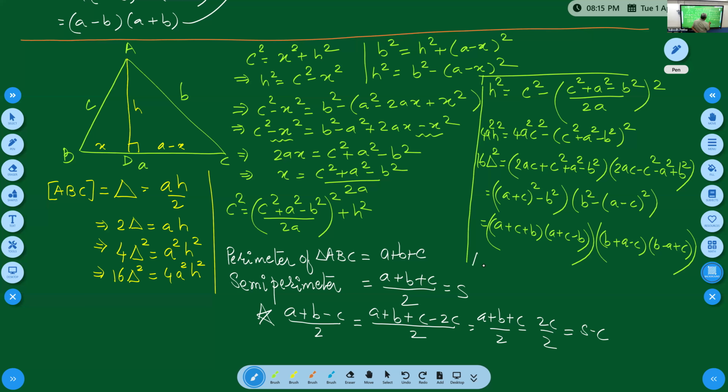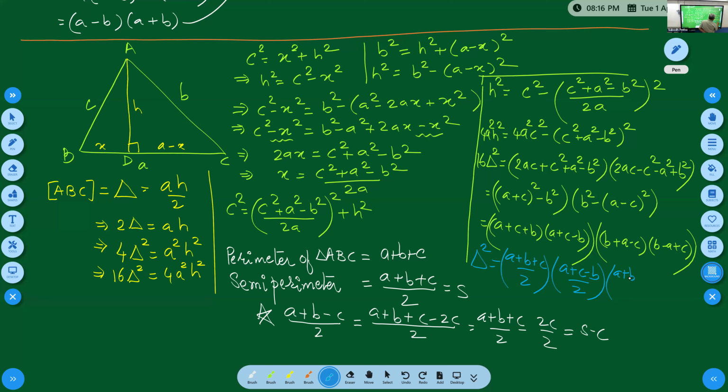Now I have 16 delta square, 4 brackets here. Therefore, I write delta square is equal to, and I have 4 2's here. 2 into 2 into 2 into 2. So distribute each 2 to 4 brackets. We get a plus b plus c by 2, first bracket. A plus c minus b by 2, second bracket.